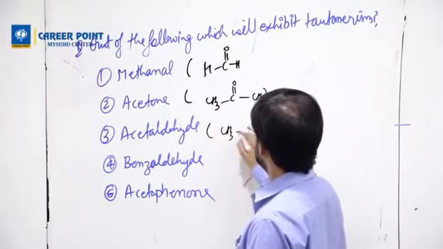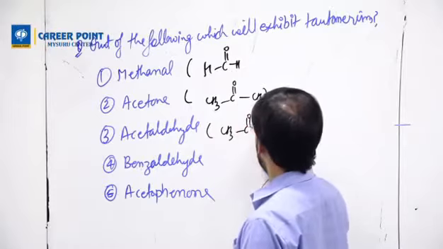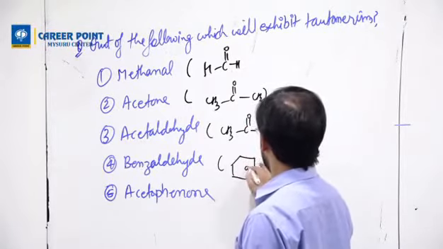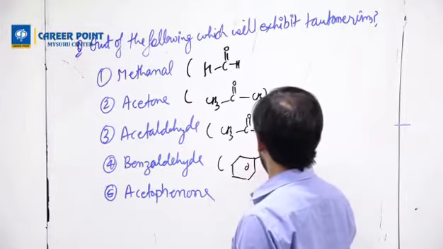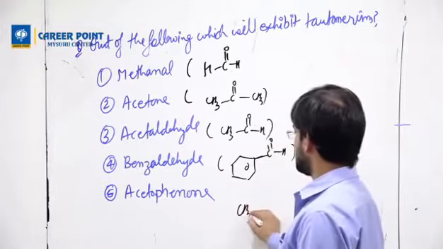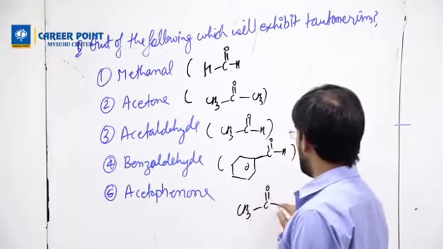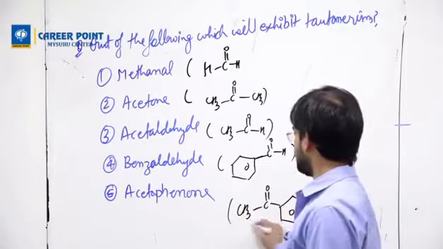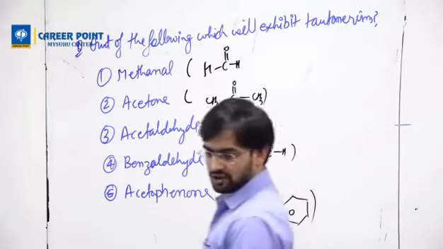Acetaldehyde is CH3, C double bond O, H. Benzaldehyde is benzene, C double bond O, H. Acetophenone is CH3, C double bond O and a benzene ring. So I have given you all 5 structures.